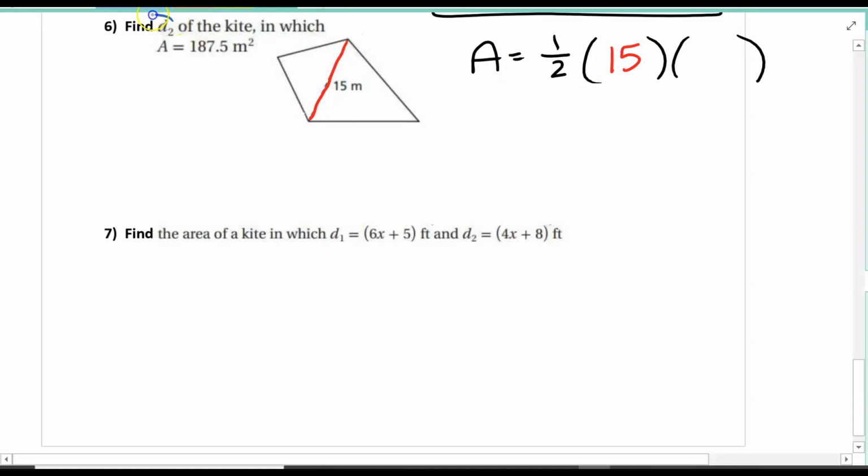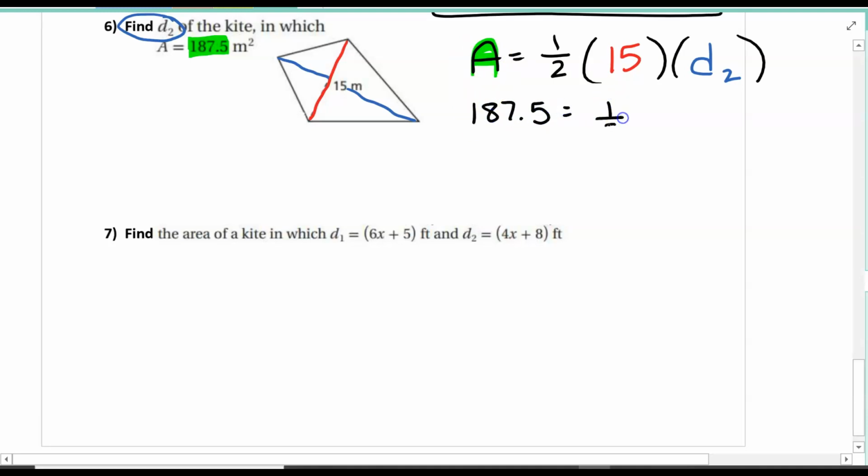But that's because what they're asking you to find is the other diagonal. So in the end, we're going to find the length of this diagonal here. In order to find that diagonal, I need to not only know the other diagonal, but I also need to know the area, and I need to plug in for that area.